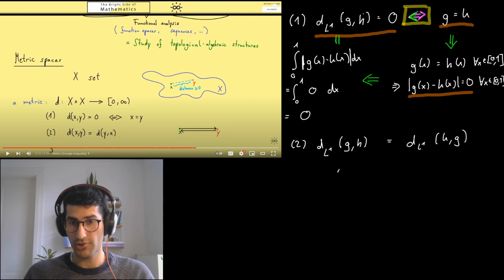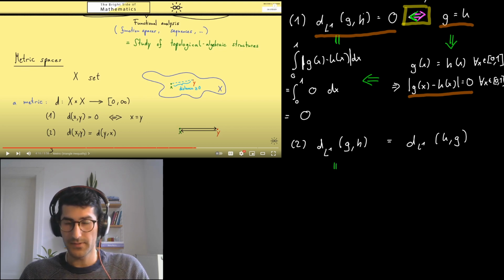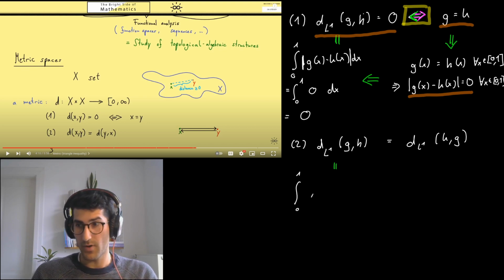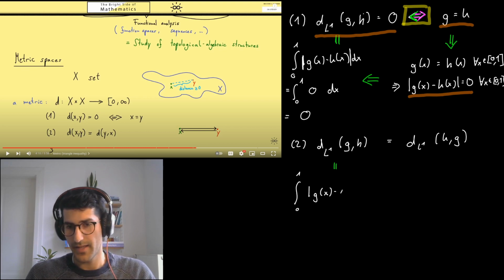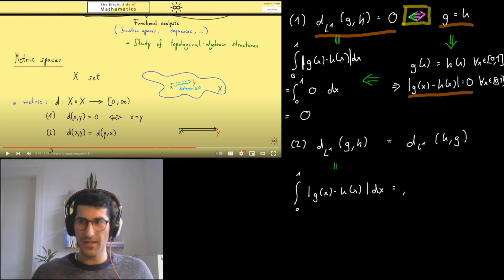Let us quickly show that this is also the case in our L1 metric. So this is basically just copying the definitions, because the definition of the L1 distance of g and h means we just integrate the absolute value of the difference of g and h over the interval. And now comes something very interesting.